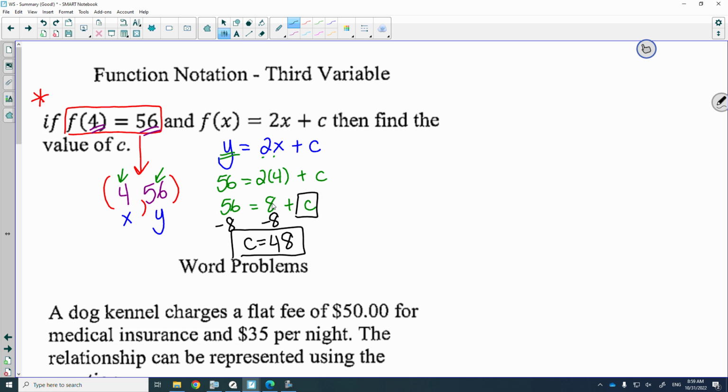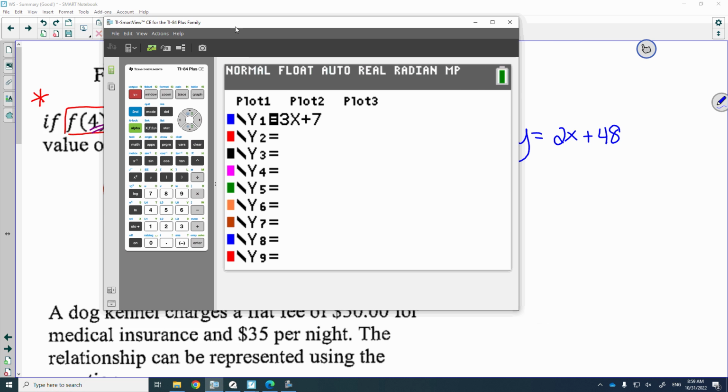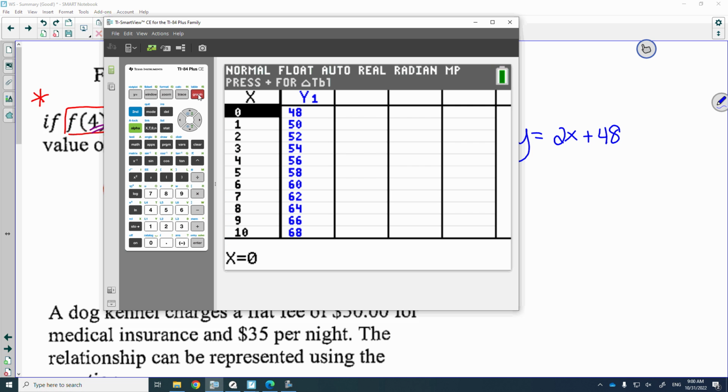Okay. Now, here's how you could check on an exam that you were correct. We think that the answer for C is 48, so we think it's going to be 2x plus 48. Here's how you would verify that you were correct. On your calculator, if you go to y is equal to, and you type in 2x plus 48 here, okay, go to your table of values, so second table.